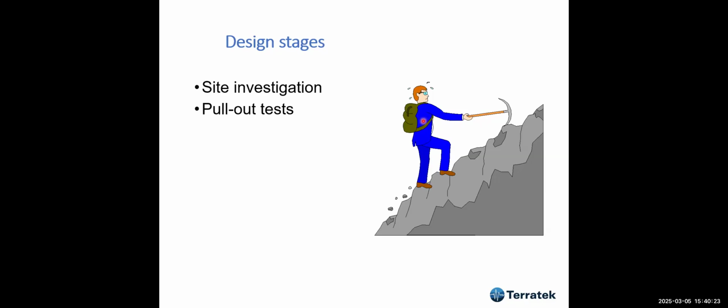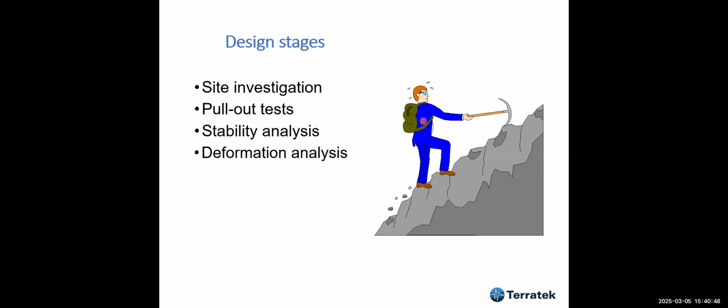But in most cases, in 99% of my cases, I was not able to do pull-out tests before the construction. I have to assume some friction, usually using the correlation between SPT and friction. And later on, I check that during the initial phase of construction, when they start construction.